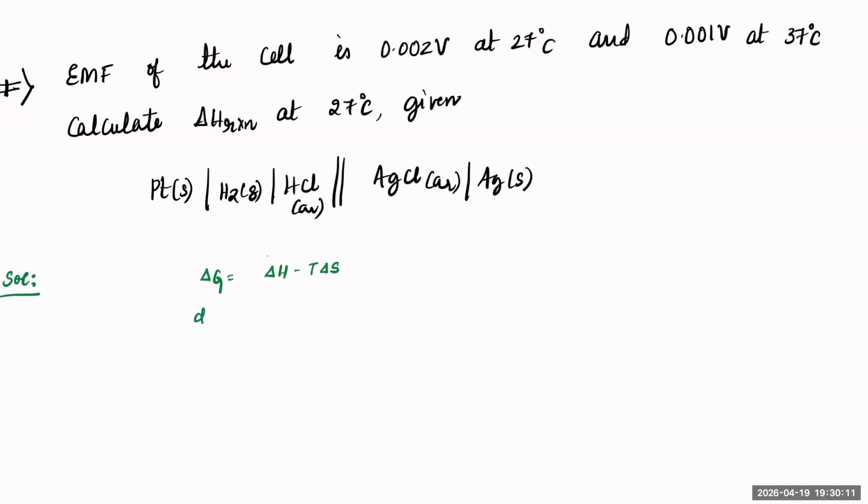And if you differentiate that with respect to temperature, we found this as minus delta S, which implies delta S will be equal to minus of d of delta G by dT, which is equal to NF d of E cell by dT.